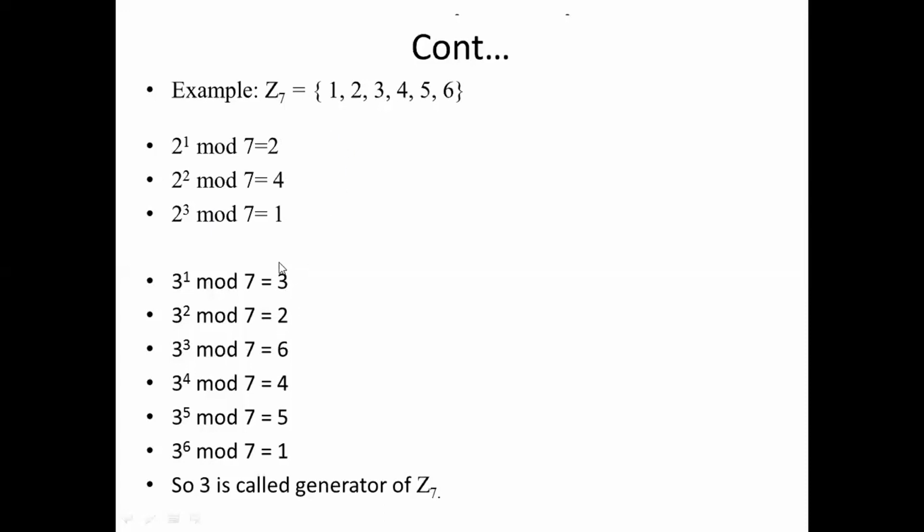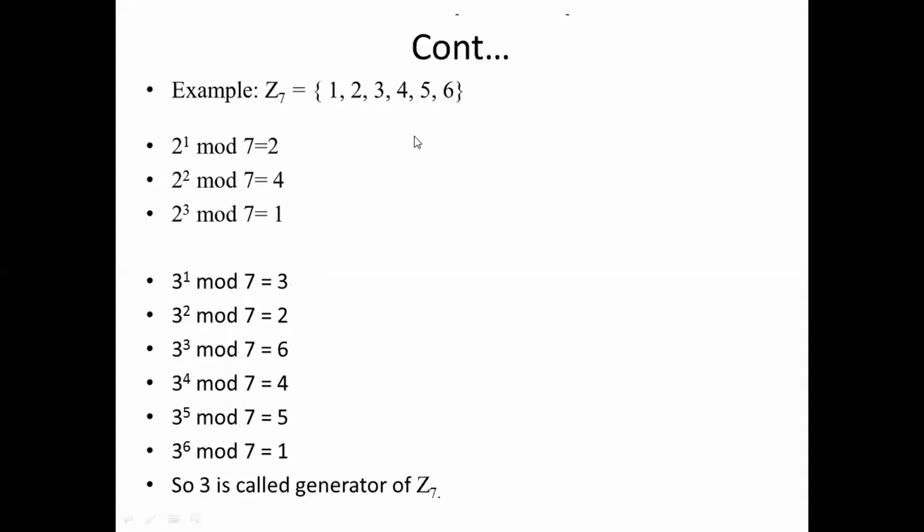The number whose remainders are equal to Z7 is a generator of Z7. Here 3 gives remainders equal to Z7, so 3 is called the generator of Z7.